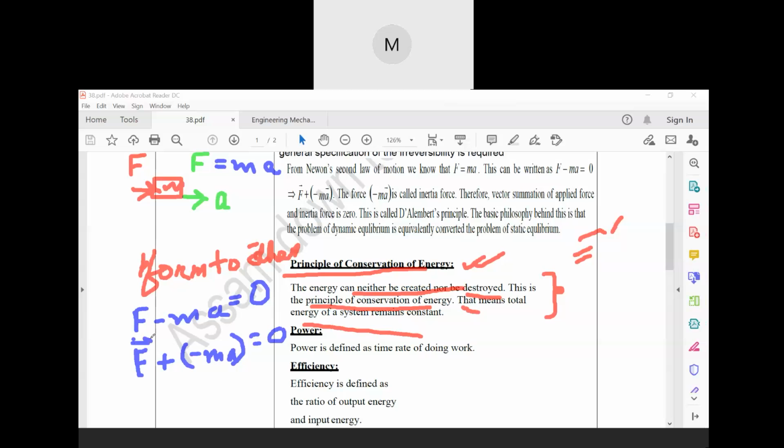Now F is what? A vector quantity always. The force is a vector because it has both magnitude and direction, right?